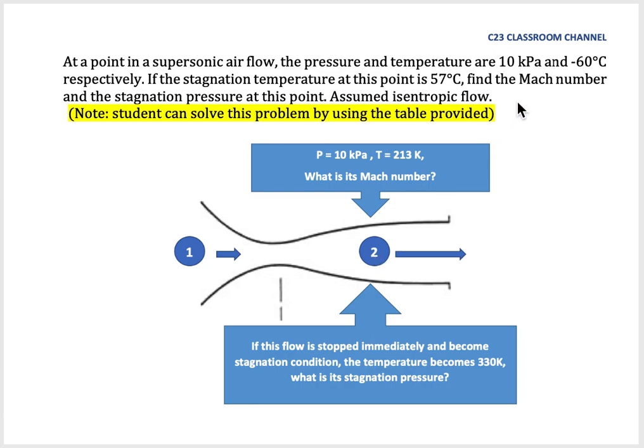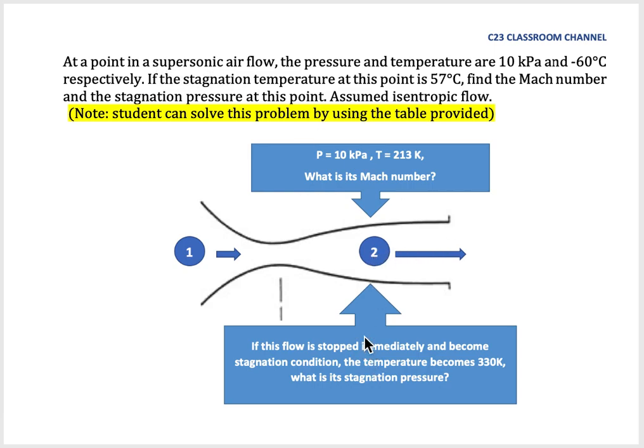So the question asks you, in normal condition, meaning the gas continuously flows here, the pressure at point 2 is 10 kilopascal, the temperature is 213 Kelvin, and the question asks you to calculate what is its Mach number at point 2 in the supersonic airflow.